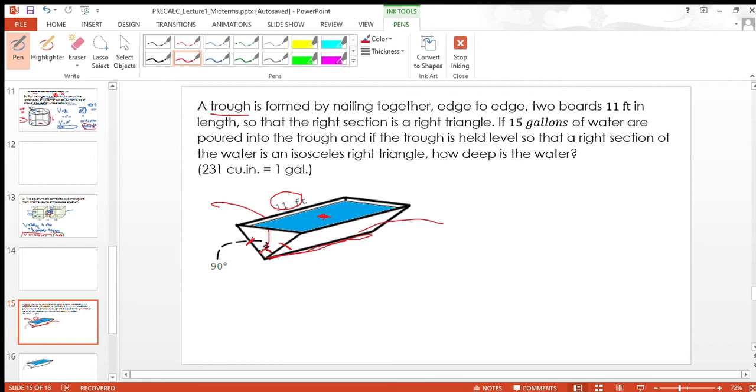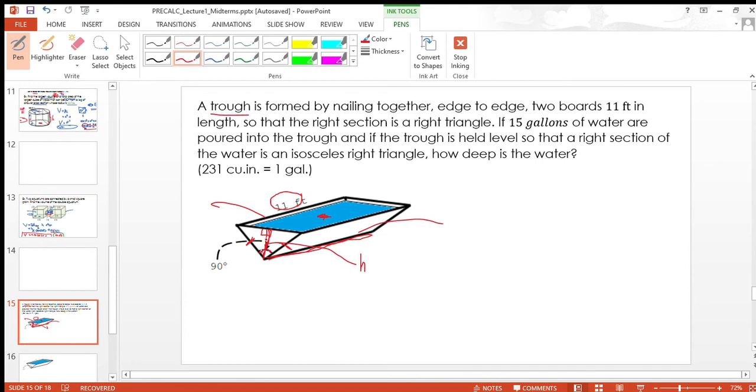So how deep is the water? We will look at that here. Since this is an isosceles triangle, this must be perpendicular. Then this will be the height of the water. So how do we apply the formula? If this is a right solid, imagine a box of Toblerone. This triangular section is what we will stand up on the surface.